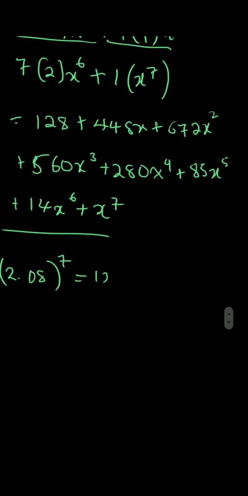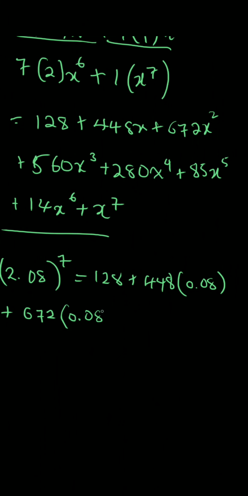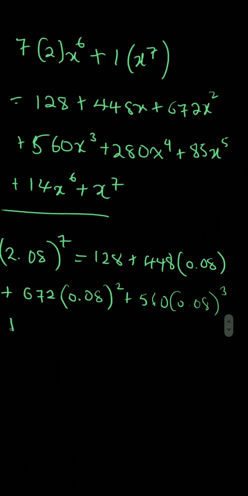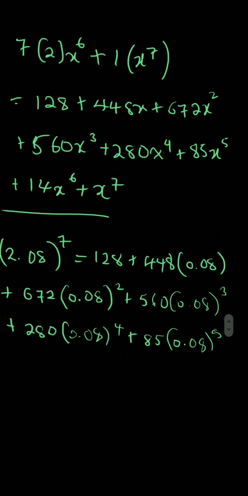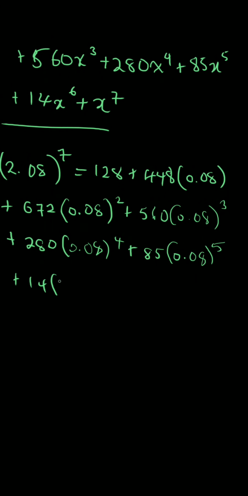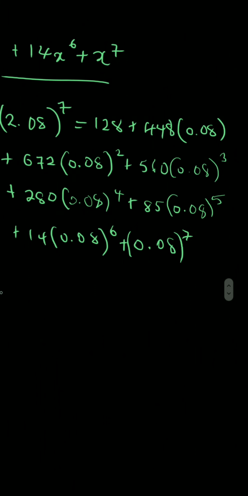So we're going to get 2.08 raised to the power 7 is nothing but the same binomial, but we just replace x with 0.08. So 128, then plus 448 times 0.08 where there is x, plus 672 times 0.08 to the power 2, plus 560 times 0.08 to the power 3, plus 280 times 0.08 to the power 4, plus 84 times 0.08 to the power 5, plus 14 times 0.08 raised to the power of 6, plus 0.08 to the power 7.